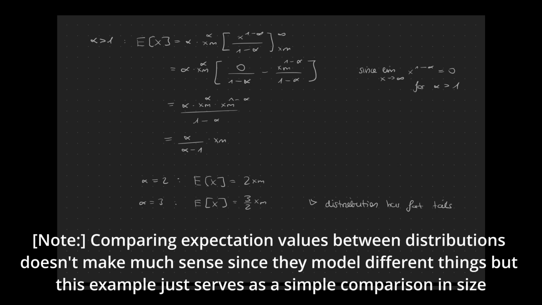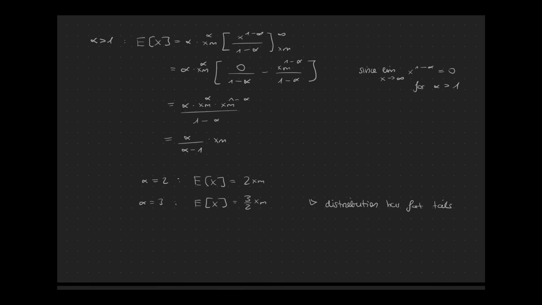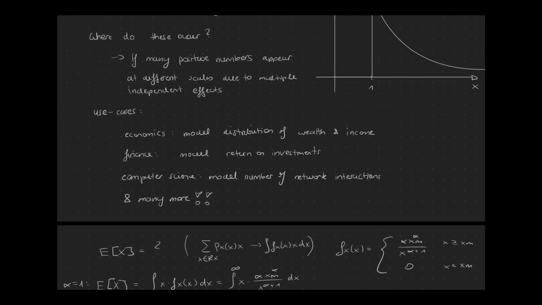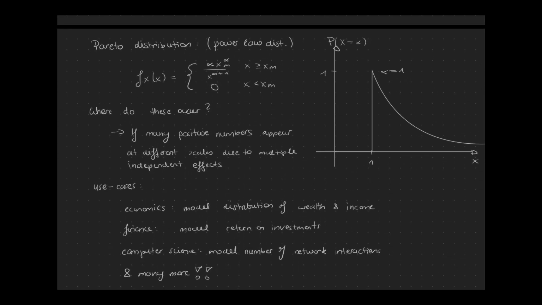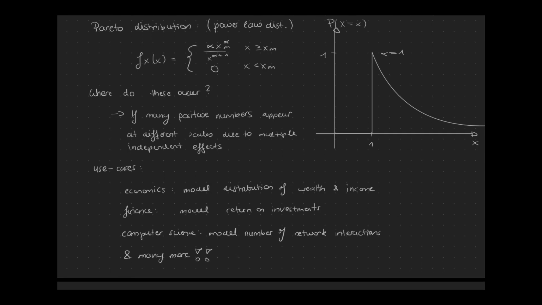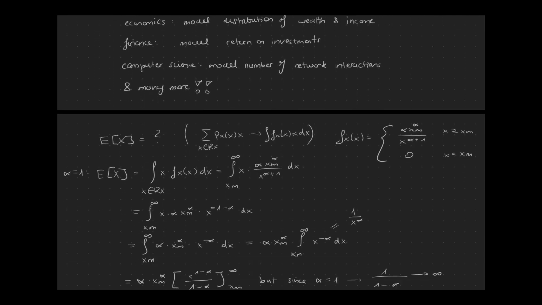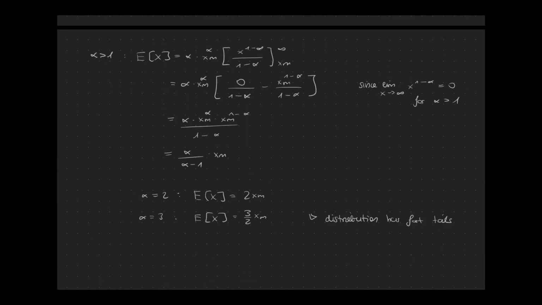And this is because the Pareto distribution has so-called fat tails, meaning that the right tail that we've seen on the plot here is extending over a quite large range over the x-axis. And that will give us a very large contribution to our integral, and that's why our expectation value will be larger than usual. So I think now we are ready to go over to the formal definition of the expectation value of a continuous random variable.